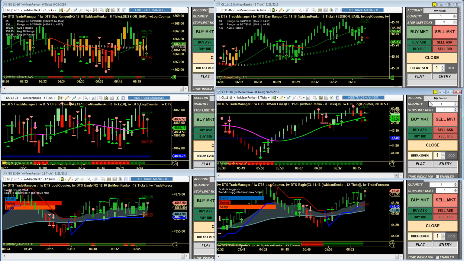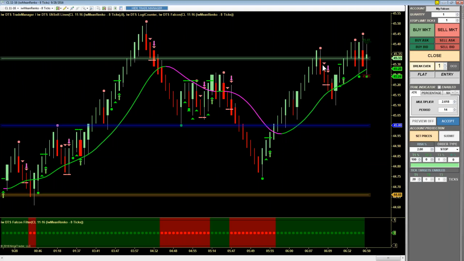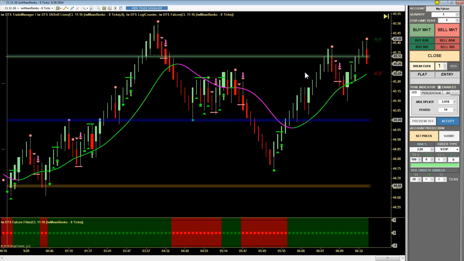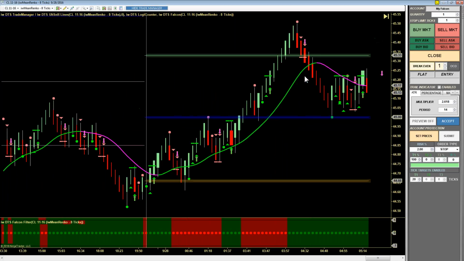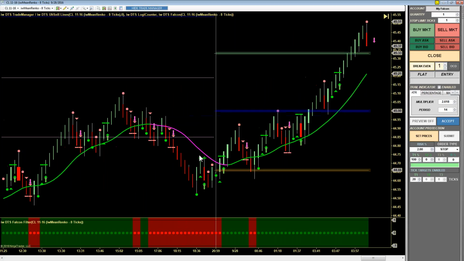Still working that trend change signal that we had early on around the open. The trend change signal on the Falcon, this is one of our high probability signals, occurs when the trend line changes color, hence the name.